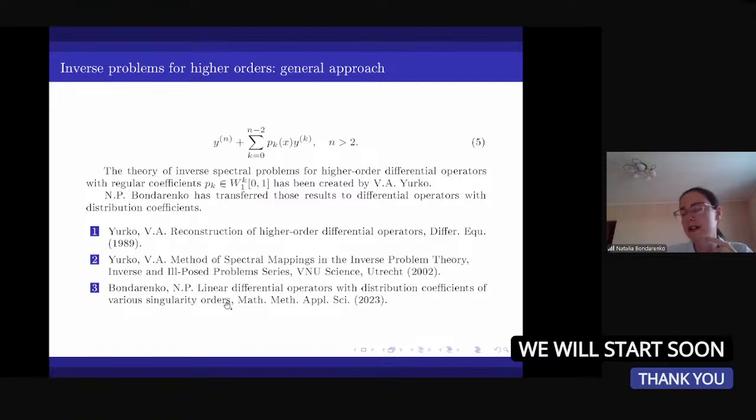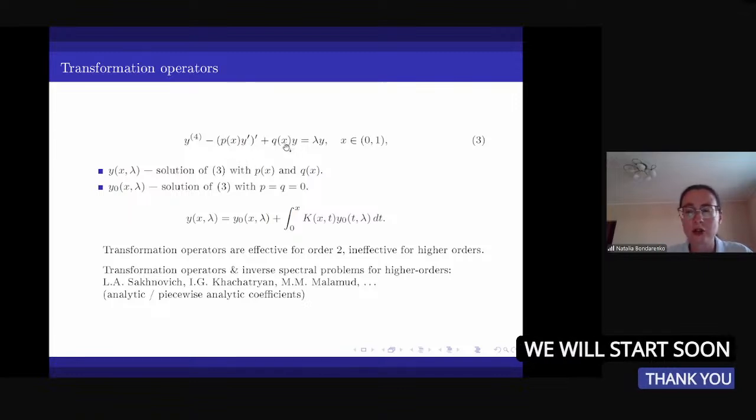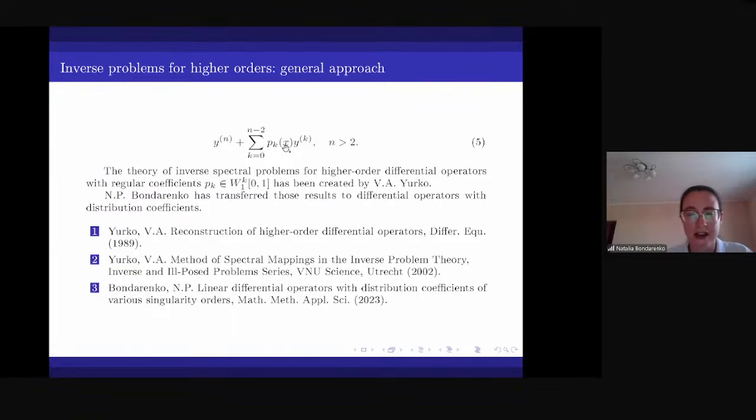Today, I will not elaborate on the topic of distribution coefficients, but strictly speaking, in order to deal with this equation, we have to apply my results for the case when P and Q are L1 functions. But in fact, today we'll talk about uniqueness theorems, and uniqueness theorems and the proofs are not very different from the analogous results of Yurko.